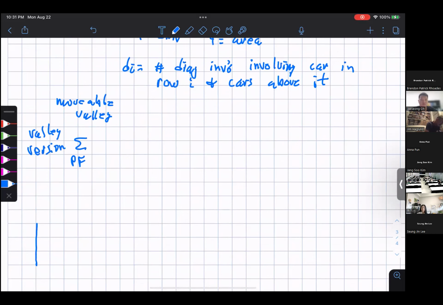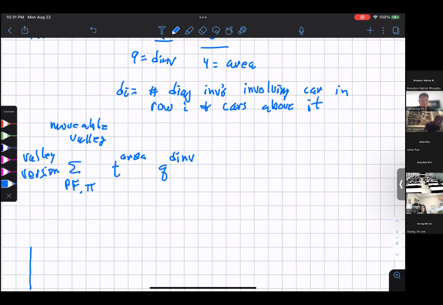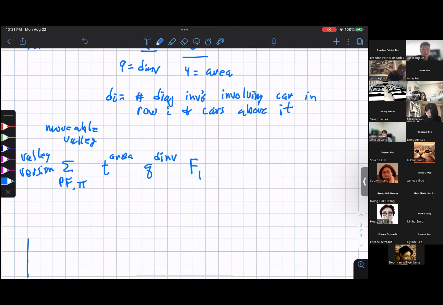Parking functions corresponding to path pi, and we'll take t to the area, q to the dim, and then we have a certain thing that I'll suppress a bit of that discussion for sake of brevity.